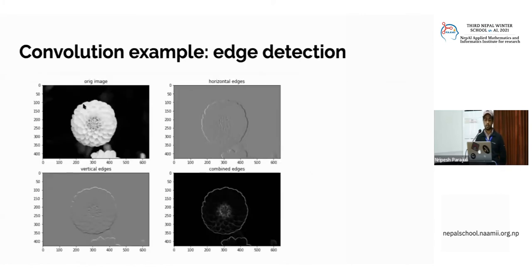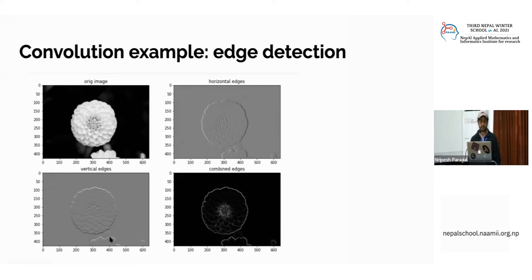I took this image and applied that example. I made a horizontal edge detector and a vertical edge detector, and I combined them, so you can see what the output of these simple edge detectors and convolution look like for 2D images. Here you have horizontal edges, here you have more vertical ones.